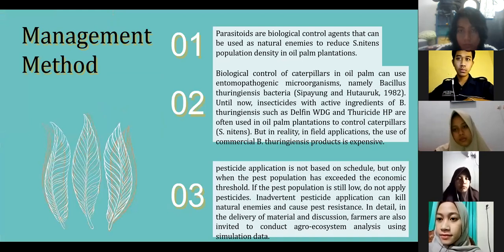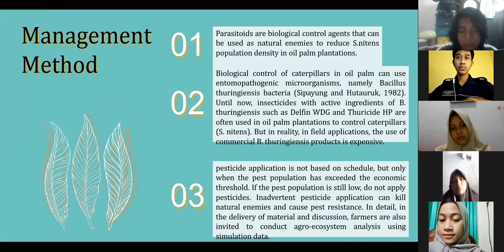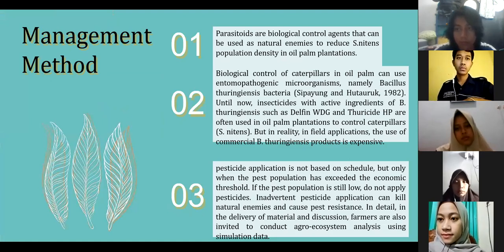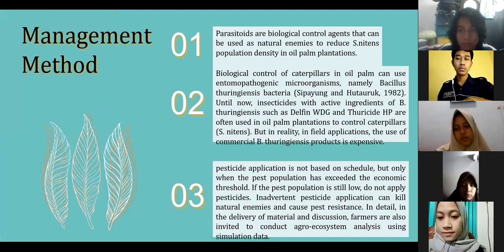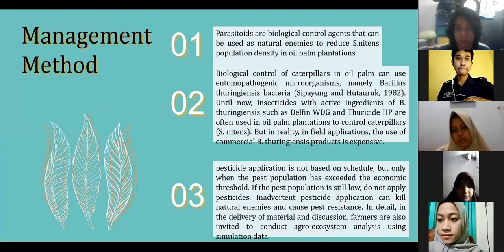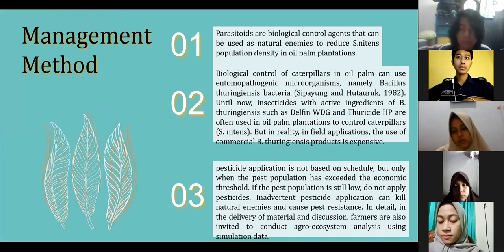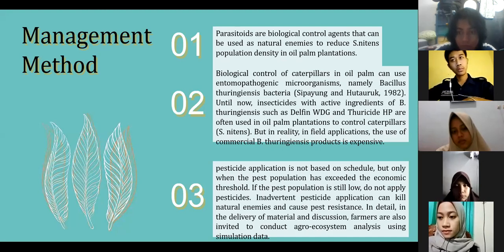And then the management methods. There are three management methods. First, parasitoids are biological control agents that can be used as natural enemies to reduce population density in oil palm plantations. Second, biological control of caterpillars in oil palm can use entomopathogenic microorganisms, namely Bacillus thuringiensis bacteria. Until now, insecticides with active ingredients of B. thuringiensis, such as Delphine WTG and Thuricide HB, are often used in oil palm plantations to control the population.